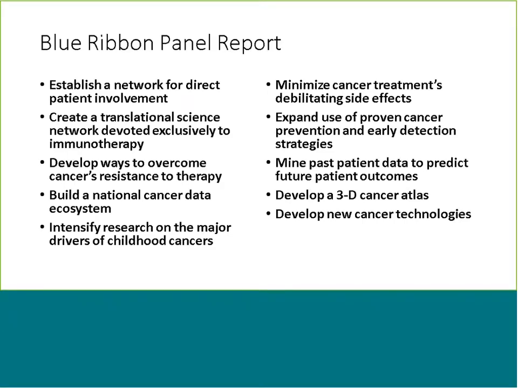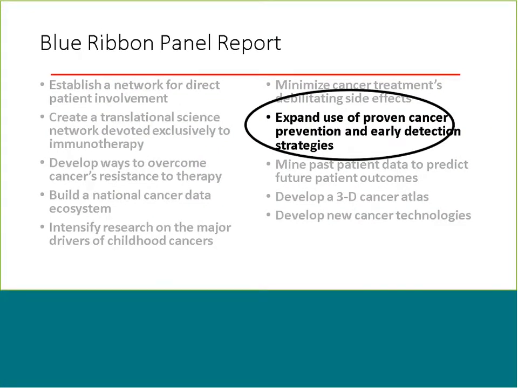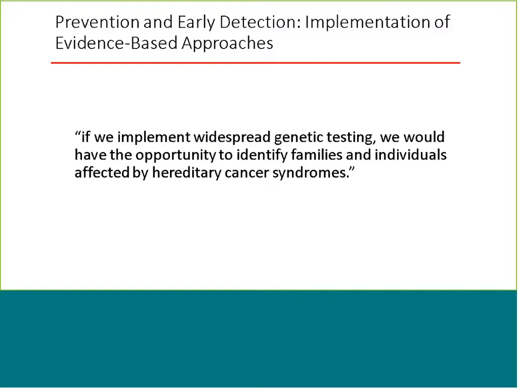I'm sure most of you have had a chance to read the Blue Ribbon report. I'll just zero in on the one topic for today, which was to use a proven cancer prevention and early detection strategy and expand how we do this. Very explicitly, the report said this: if we implemented genetic testing, we would have the opportunity to identify families and individuals affected with hereditary cancer syndrome.